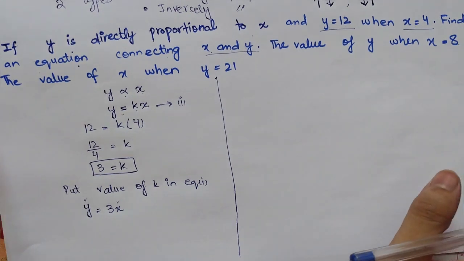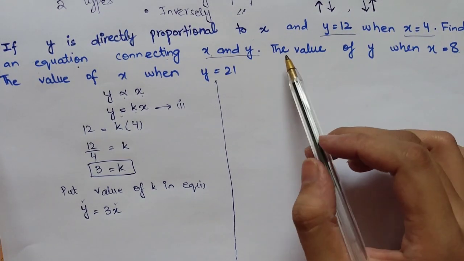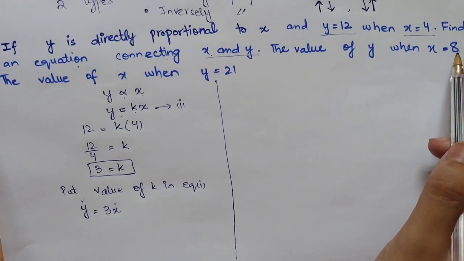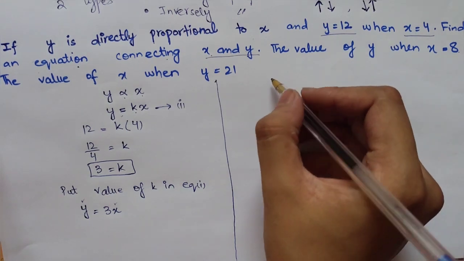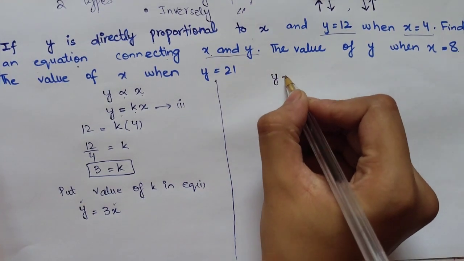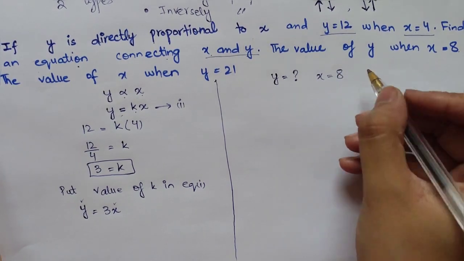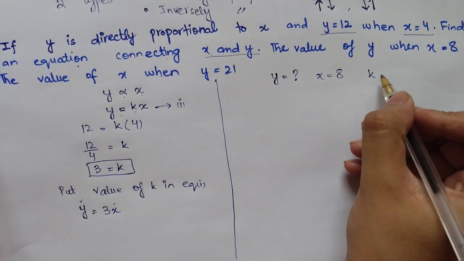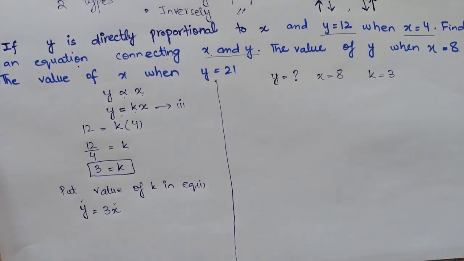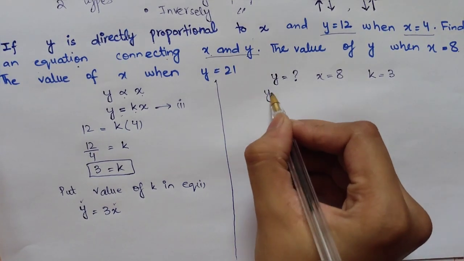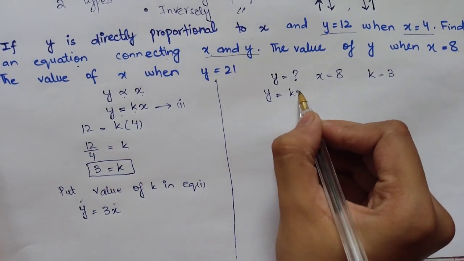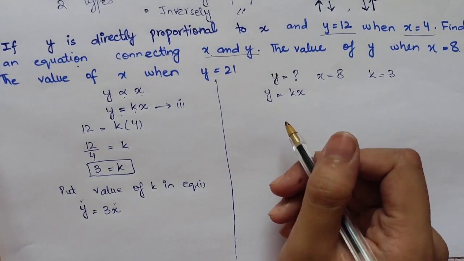Okay, the next part of our question is you have to find the value of y when x is equal to 8. We are given y is unknown, x is equal to 8, and k, which we already know, is equal to 3, and our equation is y is equal to kx, which is your equation number 1.